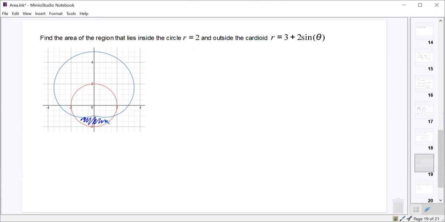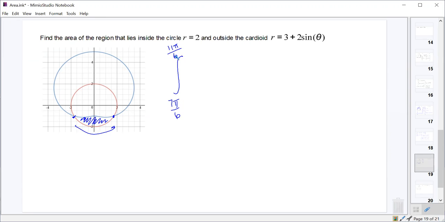And what are the limits going to be this time? We need to go from here to here. So those limits ought to be 7 pi over 6 to 11 pi over 6.